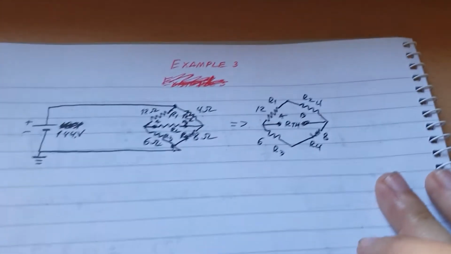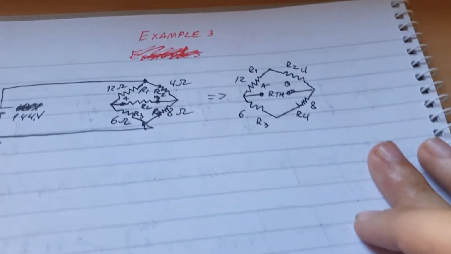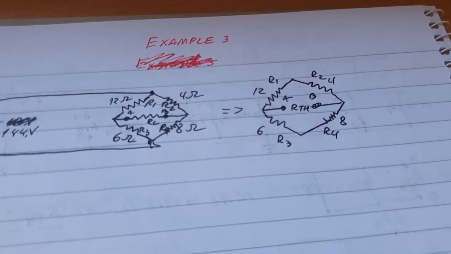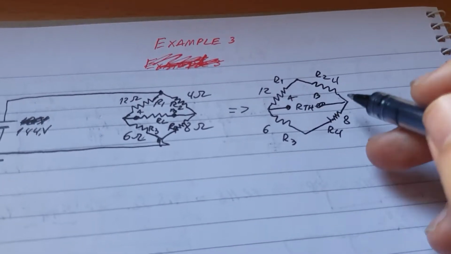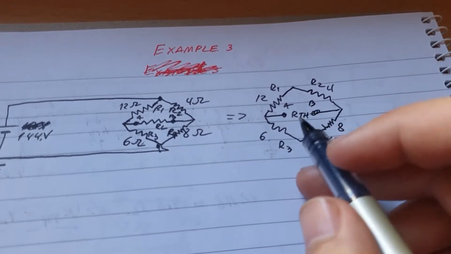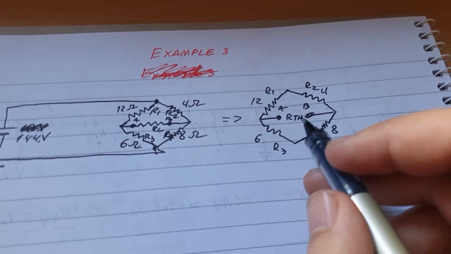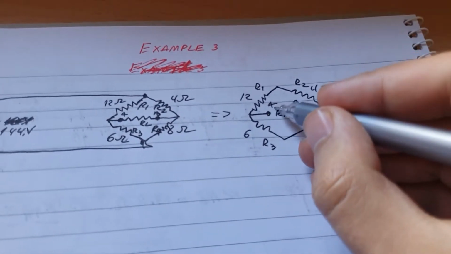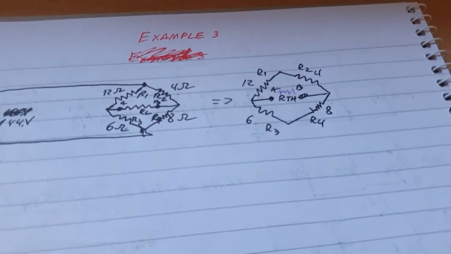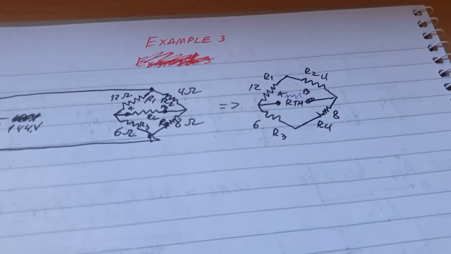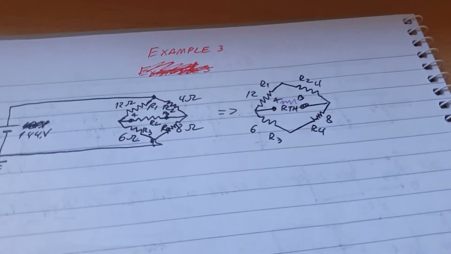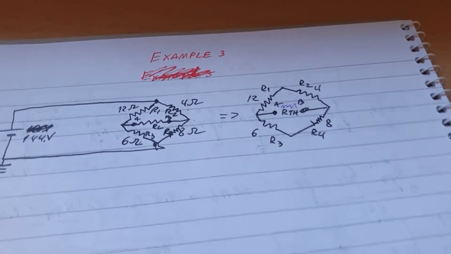About my drawings, I always do ugly drawings, but it's understandable. There are the 4 resistors, and remember R_TH, you need to pretend that there is a resistance in here, even though we don't know what it is and we can't see it.